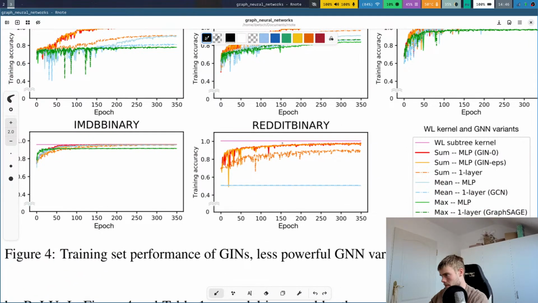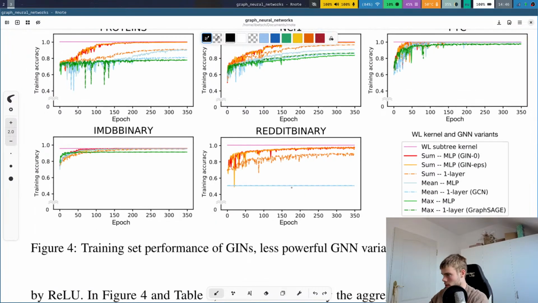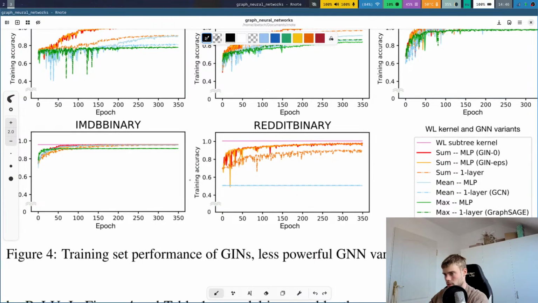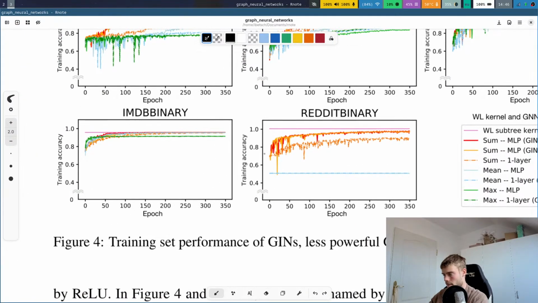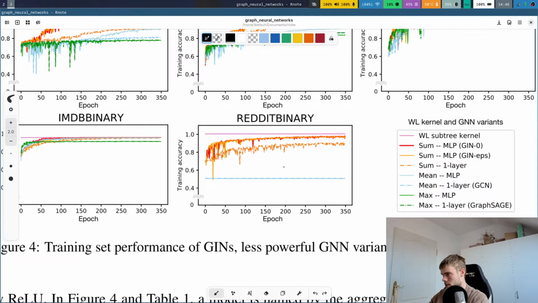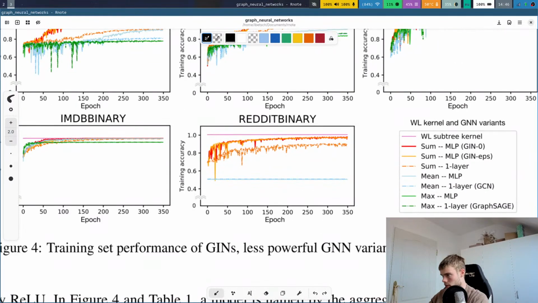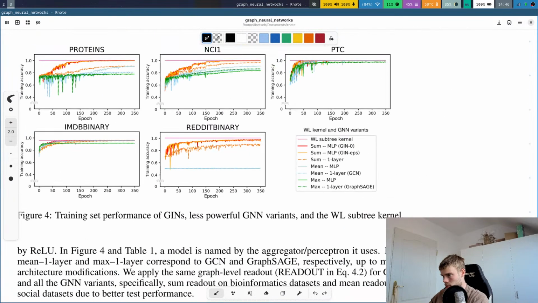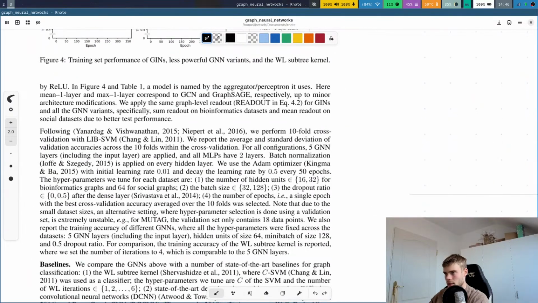Okay. Mean one layer, mean MLP. So we see that the mean aggregation seems to not be very good. And the sum. Where's the green line here? Can't even see it. Okay.